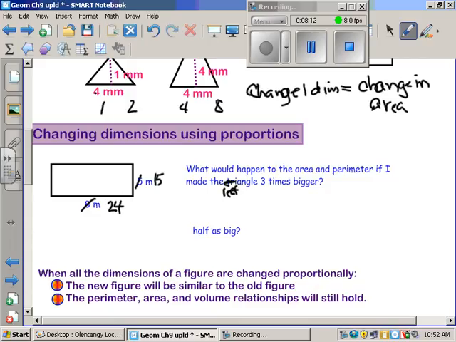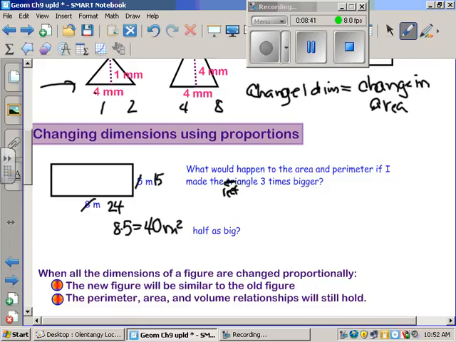All right? And my original area, my 8 by 5, my original shape only has an area of 40 square meters. Okay? And if I had just tripled one dimension, like up here above where I just did change the height, I would expect, if I tripled the height, I would expect the area to triple.